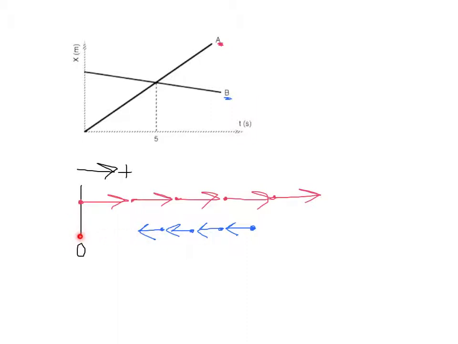What does our graph show? Does B ever get back to the origin? No. B would have to be traveling for quite some time at that steepness right there to get all the way back down to about where the zero position would be. So, no. B does not get all the way back to the zero position, and so hopefully you didn't draw your arrows all the way back to the zero position because that would not show up on the graph.